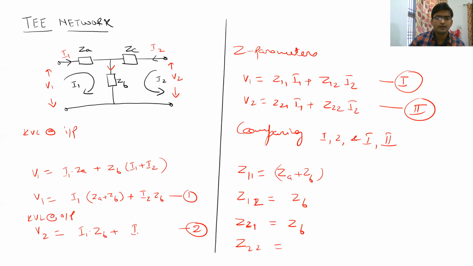It will be I2 into ZB plus ZC, sorry. So Z22 will be ZB plus ZC.